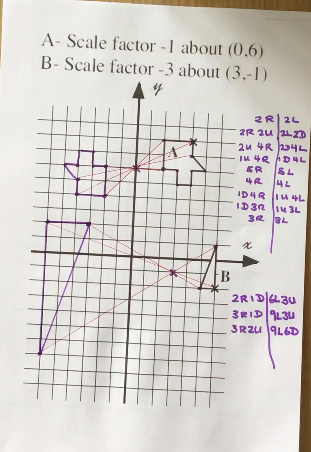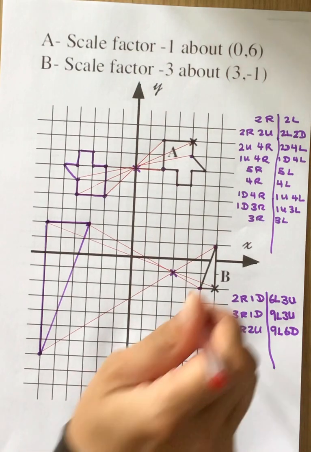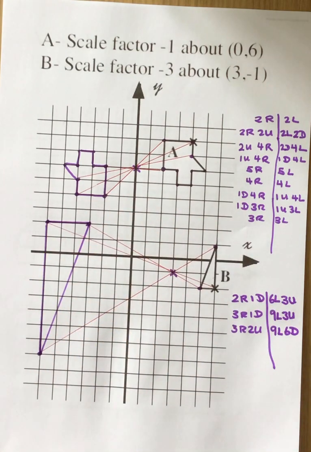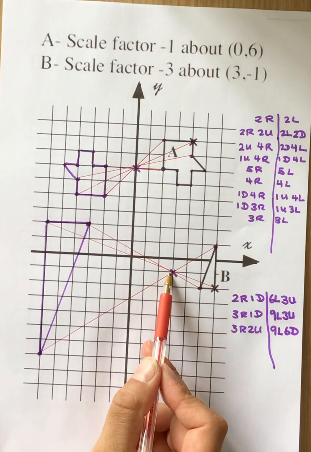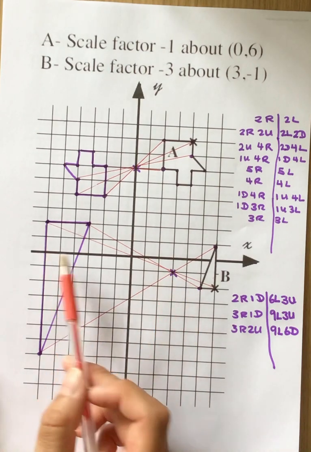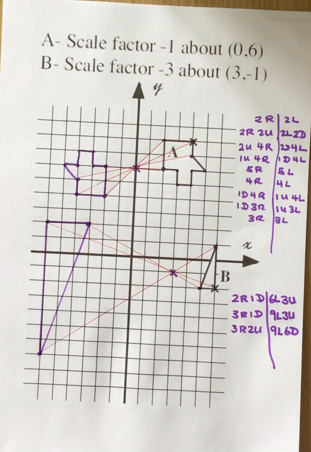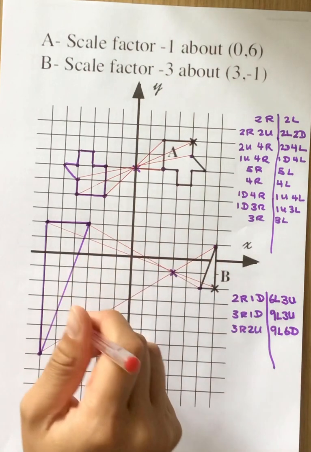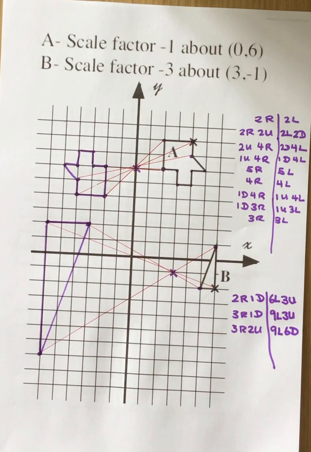So this time, because it's a negative scale factor, it's been turned 180 degrees, it's got a 180 degree rotation about the centre, but it is also 3 times bigger. So we get a similar shape rather than a congruent shape. And there's a rotation and an enlargement going on within these.